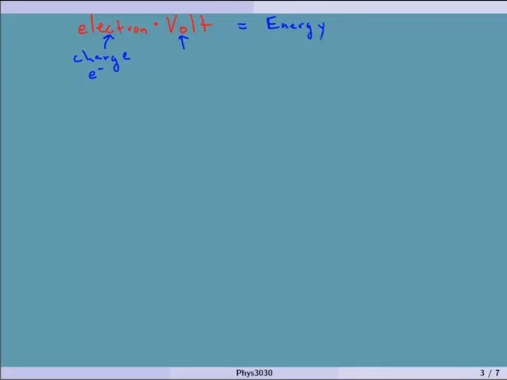So an electron volt is basically the energy of 1 electron in a 1 volt electric field.